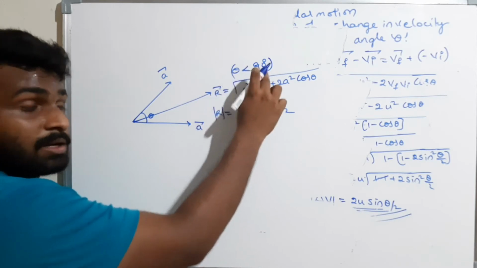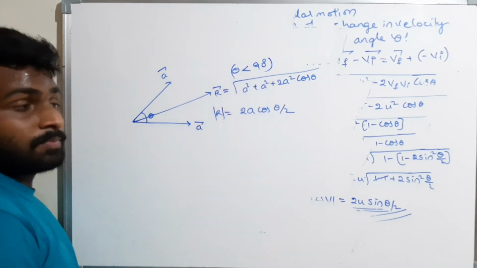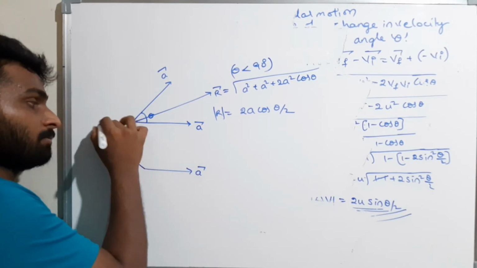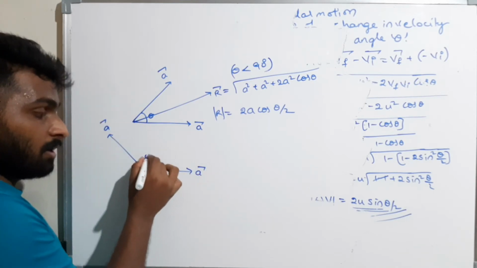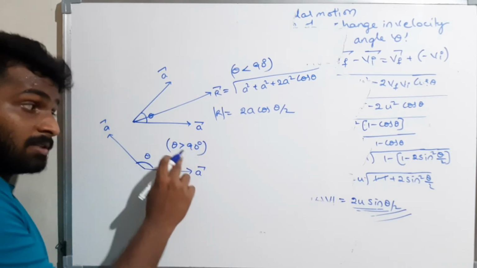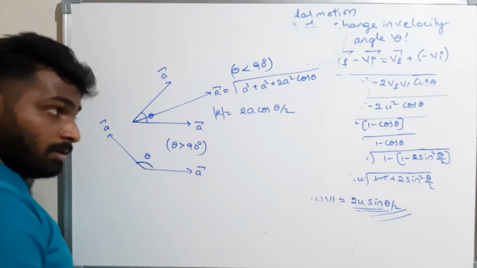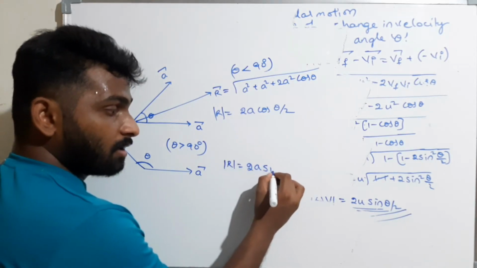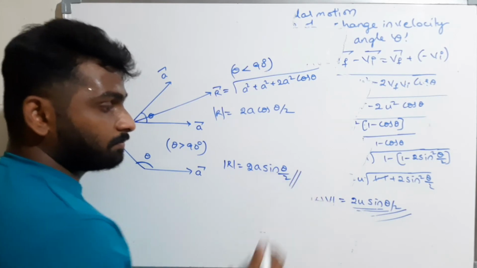Now, if by chance this is A bar and this is A bar, the angle between them is theta and theta is greater than 90, then the magnitude of R bar is 2A sin theta by 2.